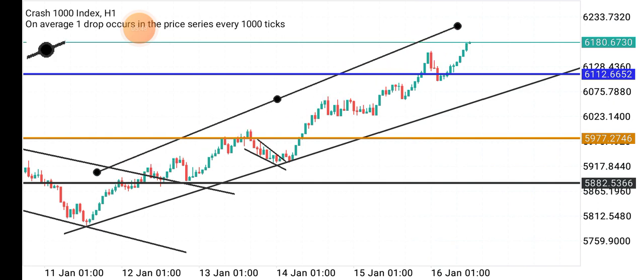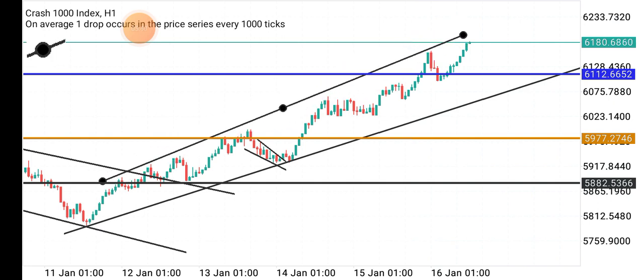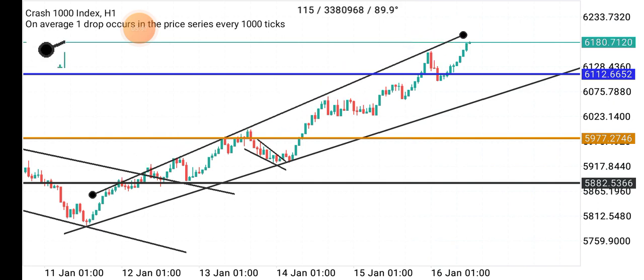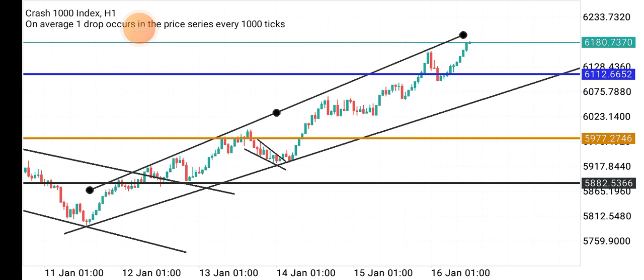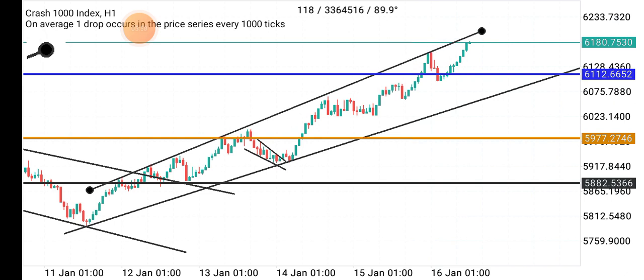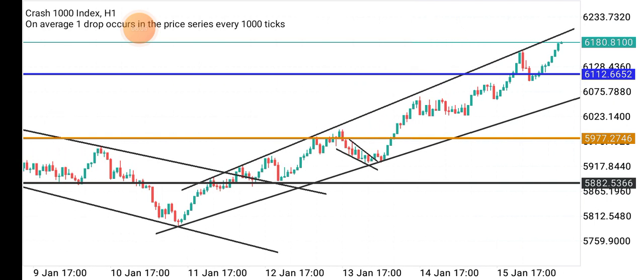I'm trying to position this trend line properly. Okay, the thing is shifting itself. Okay, so we have something like this. Maybe when we go to a 15 minutes time frame, we'll be able to position it better.